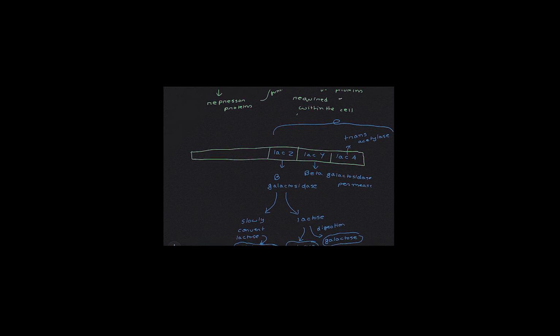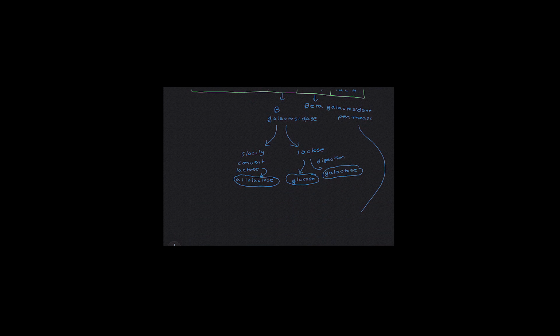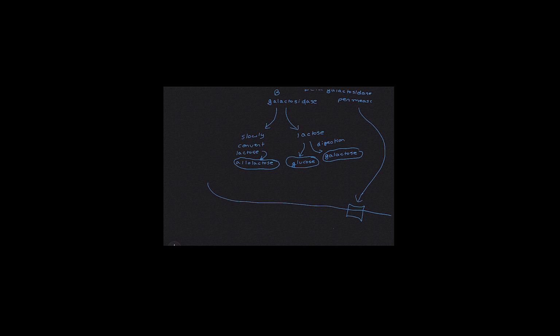Now, this permease is an enzyme which is present in the cell membrane of the bacterium. This allows lactose to enter a bacterial cell only in absence of glucose.